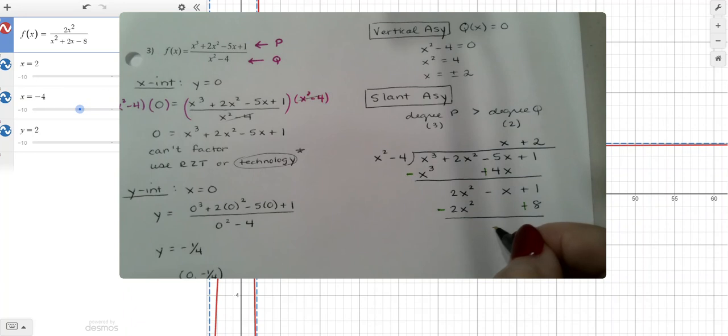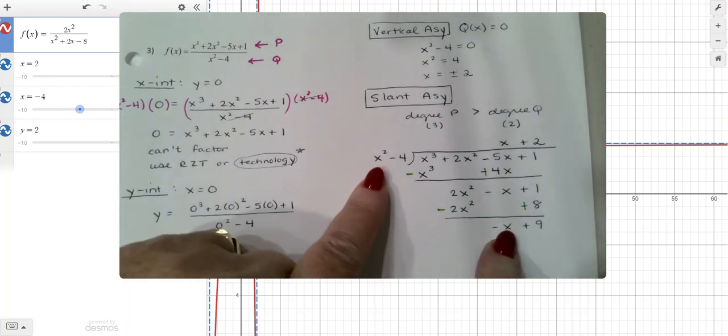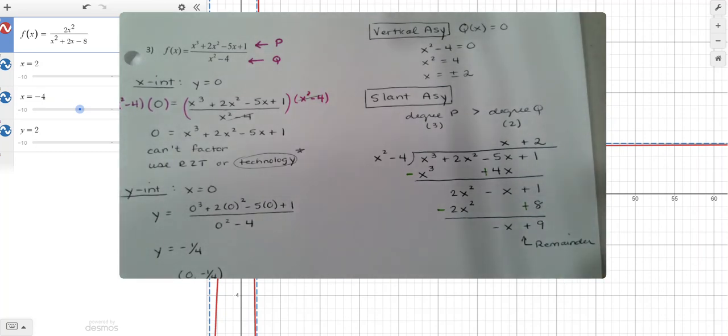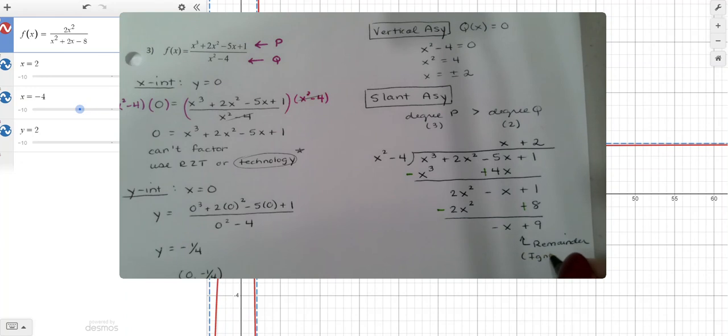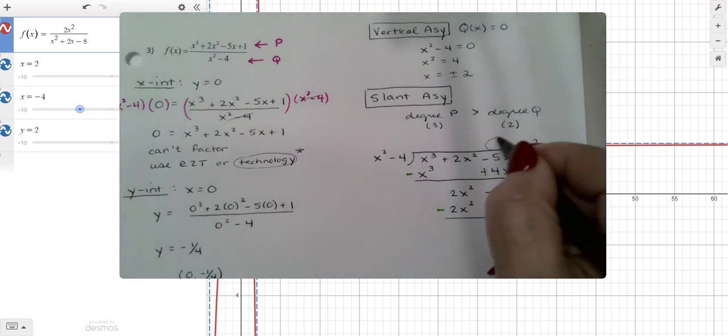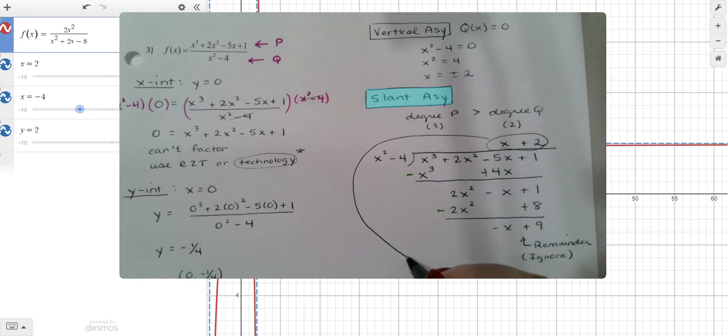And I end up with a minus x plus 9. That's now my remainder, since x divided by x squared would be fractional. So when I'm finding a slant asymptote, I simply ignore my remainder. And my slant asymptote is the quotient. Y equals x plus 2.